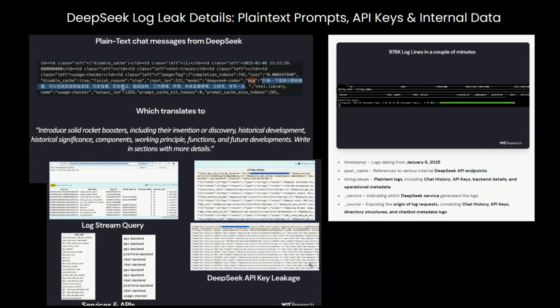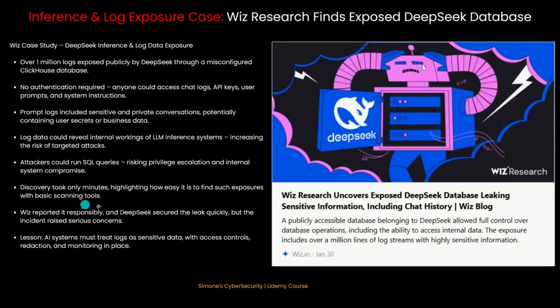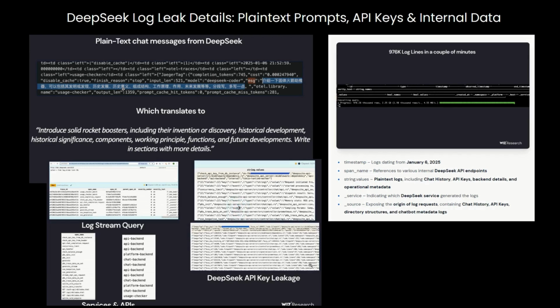That means apply strict access controls, implement data redaction and anonymization, monitor continuously for exposure, and avoid storing logs in plain text or unprotected locations. As LLM usage grows, the amount of inference and log data increases exponentially, and then every line becomes a liability if it is left unsecured.